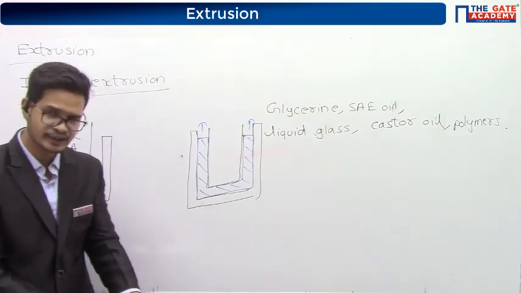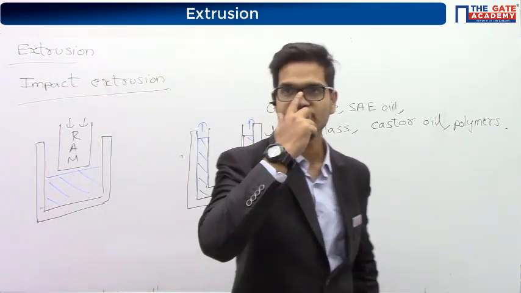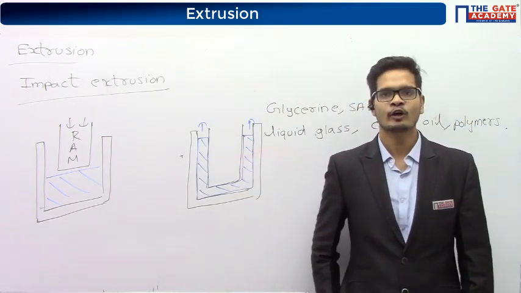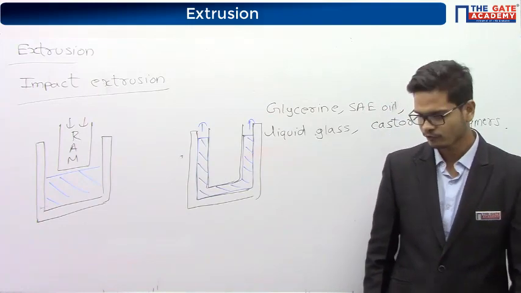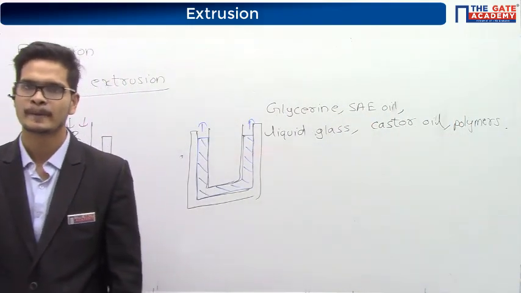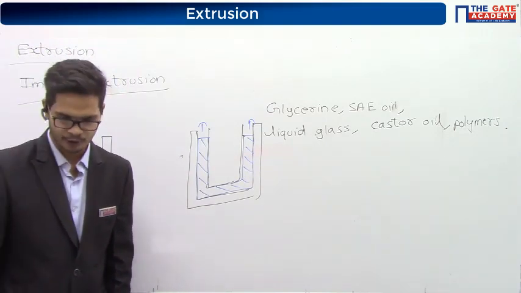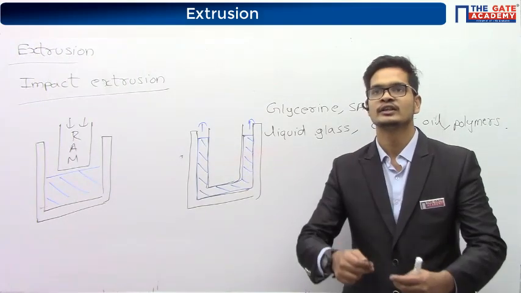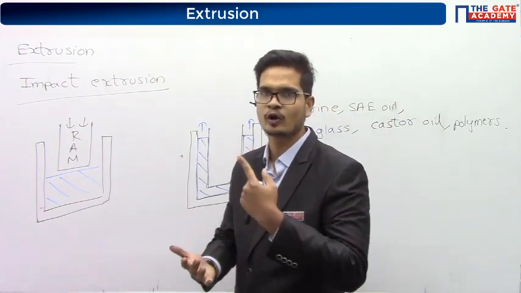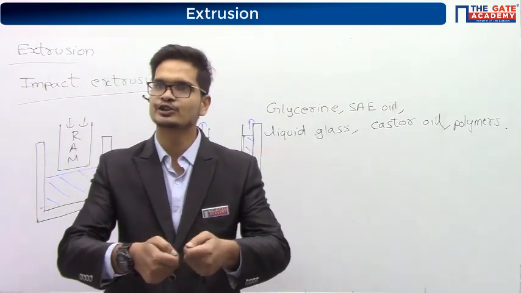Okay. Then one of the most famous applications of impact extrusion is making of collapsible tubes. What do you understand by collapsible tubes? Not flask. The tubes that you can press. For example, the tubes of the cosmetic products. You can press those tubes, right?